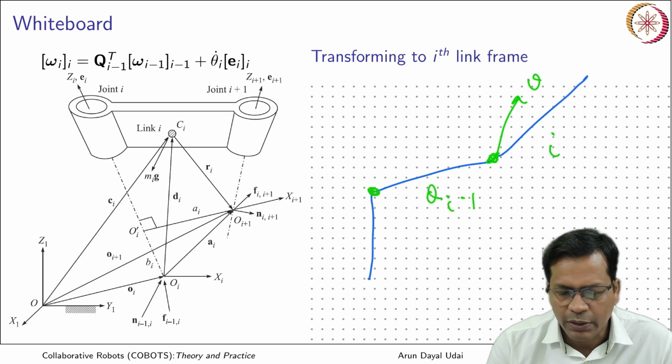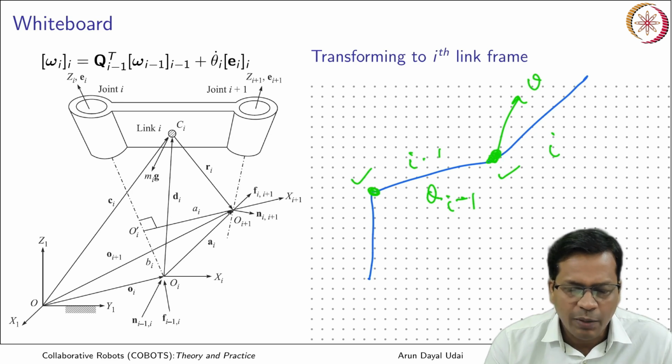If V is represented in this frame, and you have to transform V to the prior frame, then you have to multiply by this.